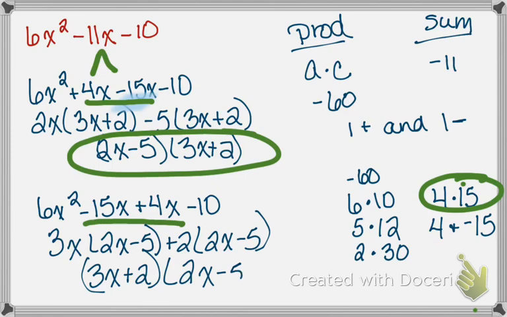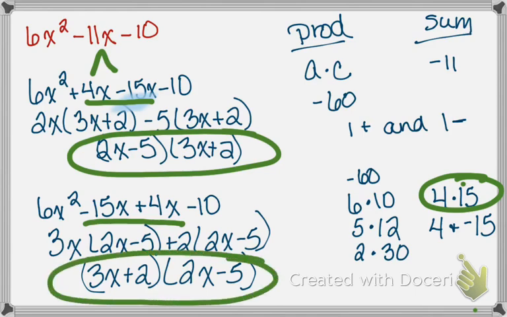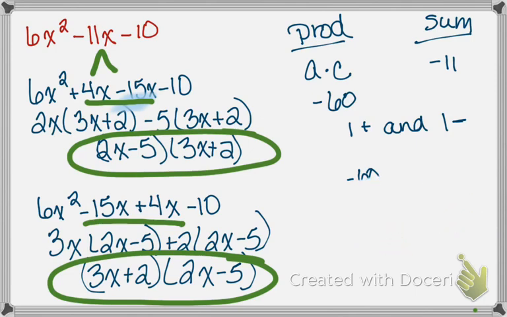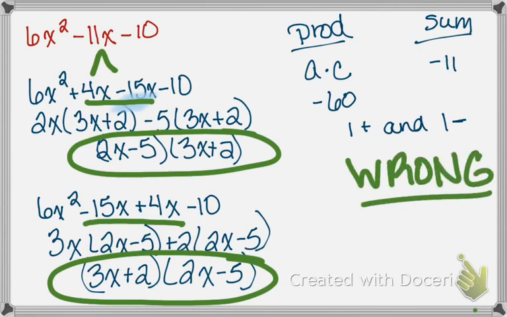Pretty much, yes. Why do you say pretty much? Because I put them in a different order? Yes, the order doesn't matter. 3x plus 2 and 2x minus 5, it's like saying 2 times 3 is 6 and 3 times 2 is 6. It doesn't matter. Now, I will tell you that this is wrong, if I ended up with this.